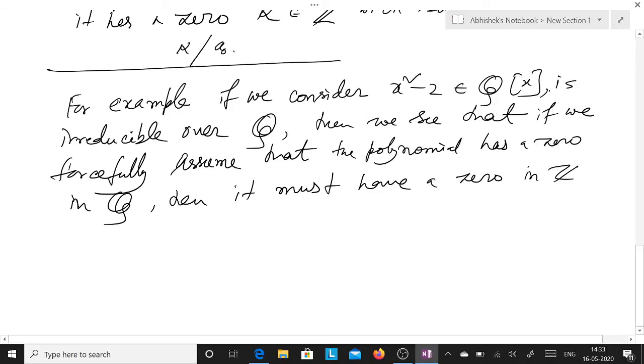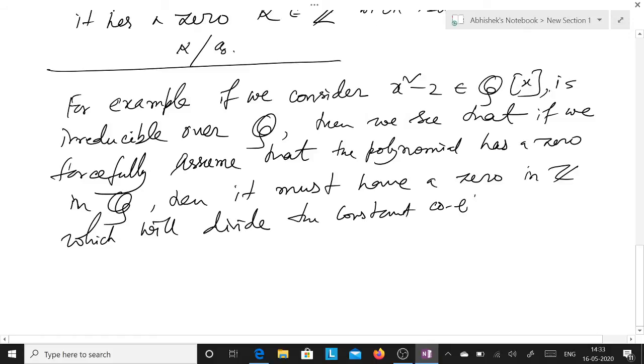And not only that, this 0 will divide the constant coefficient minus 2.